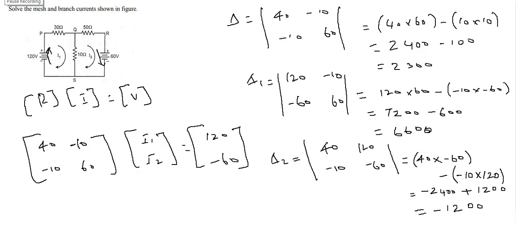So now we have to find the value for the currents I1 and I2. So for solving I1 we divide del 1 by del, and for I2 del 2 by del. So I1 equal to del 1 by del, which is equivalent to 6600 divided by 2300.